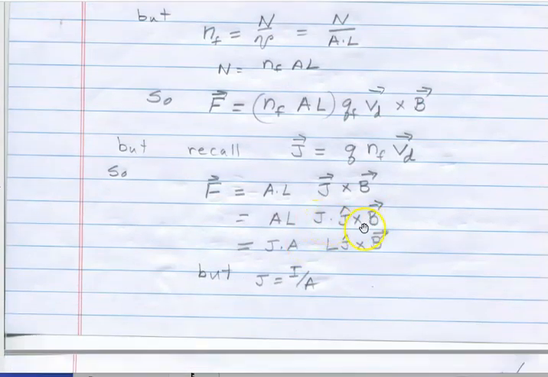So I'll write it like this, and I can group L with the J hat, and I can group the A with the J. But I know that J is just the current per cross-sectional area.